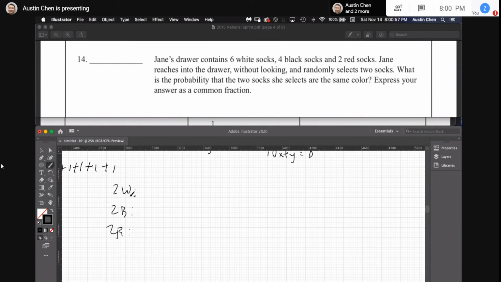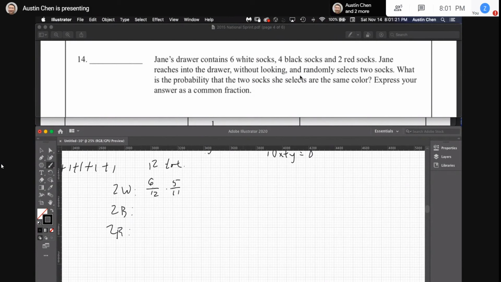And then we just add all of these probabilities together to find the probability that she gets 2 socks of the same color. So we have 12 total socks, which means that the probability that she gets 2 white socks will just be 6 over 12 times 5 over 11, right?